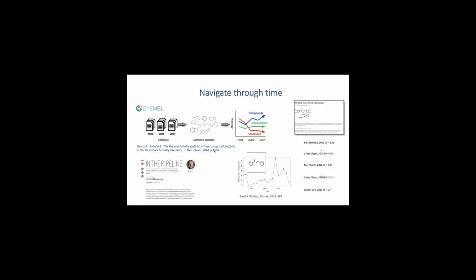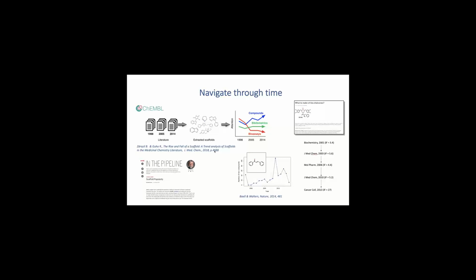And then we looked at scaffold-associated properties over time and wanted to use those to characterize the attention that the community pays to a certain scaffold, right? So what we wanted to characterize is something like scaffold popularity and what are good measures to look at scaffold popularity.